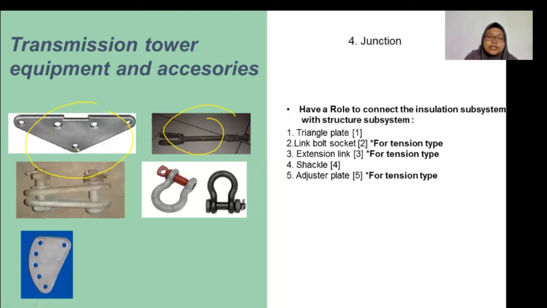And after that, this is extension link. This is also usually used for transmission tower tension type to connect the traverse and yoke. This is a shackle, and also this is adjuster plate. The function is to set the sagging of the insulation.